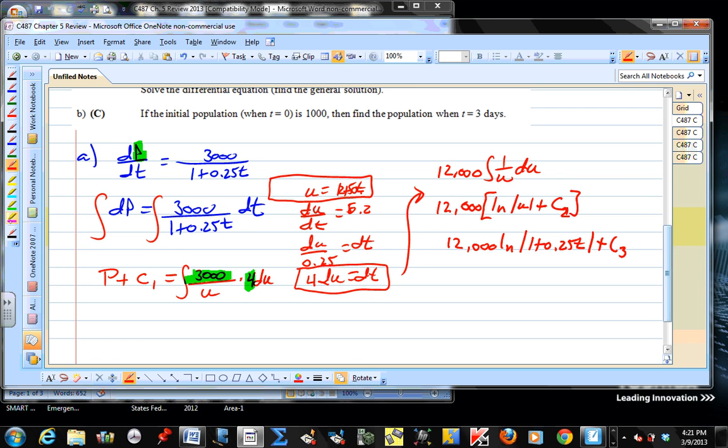It looks like I failed to write in the first part of the equation. Let's go back to here. Remember, on the left side we had P plus a constant 1 equals this.